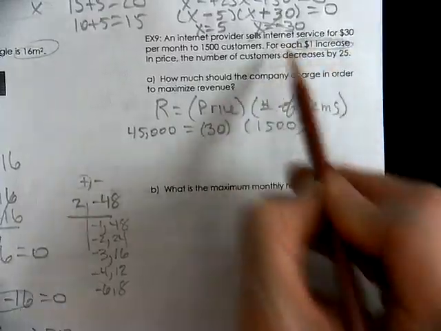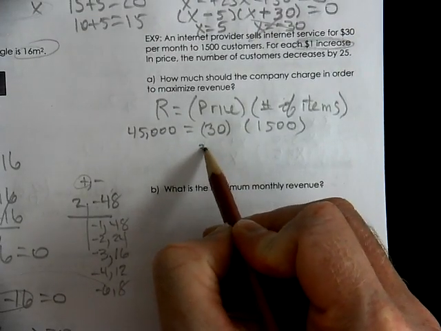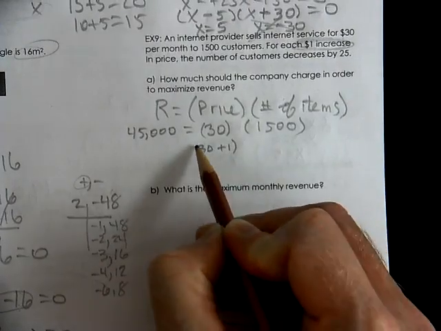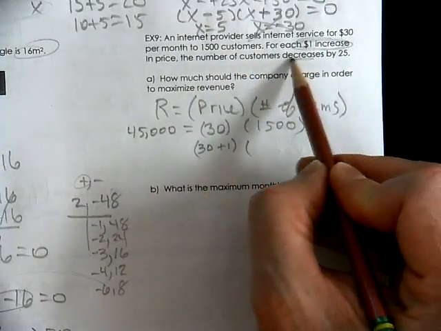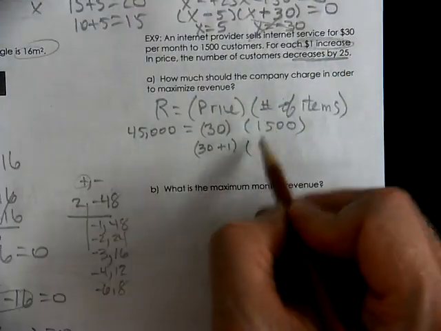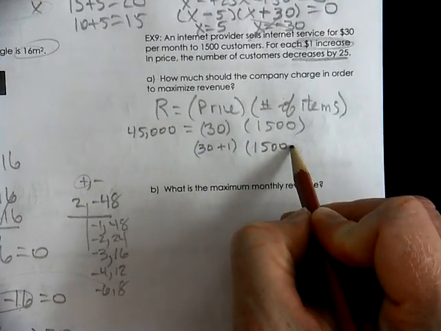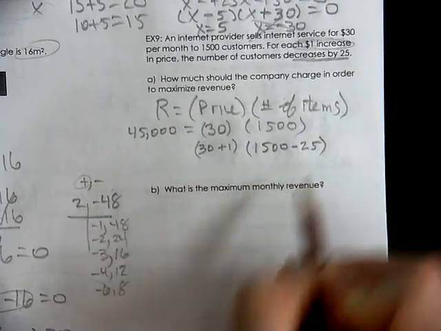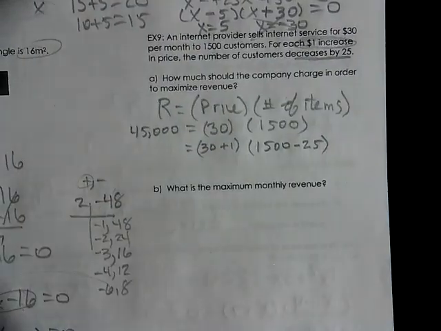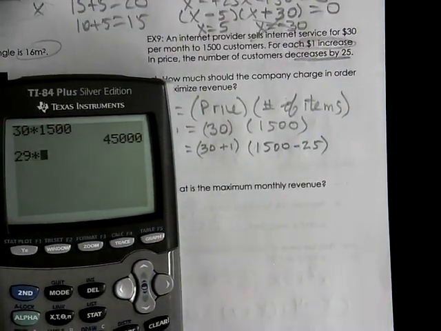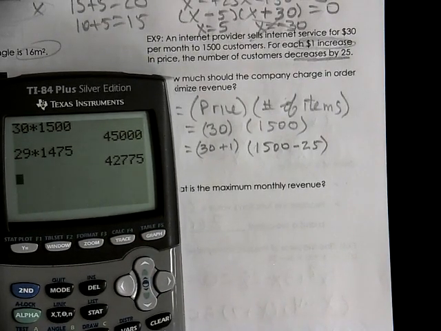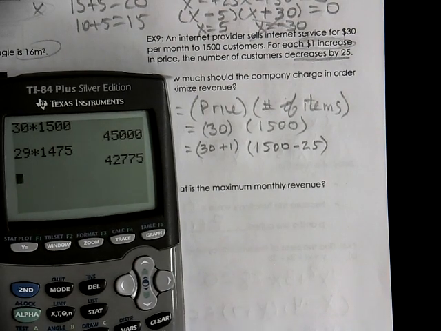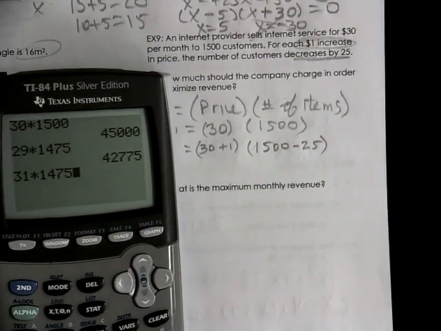If I increase the price by 1, so we're going to say 30 plus 1, and we decrease the customers by 25, 1,500 minus 25, that's going to be 31 times 1475.